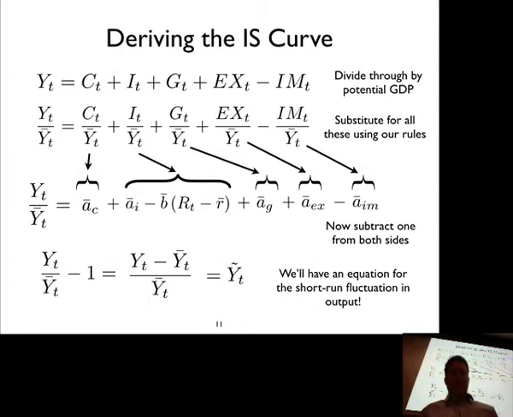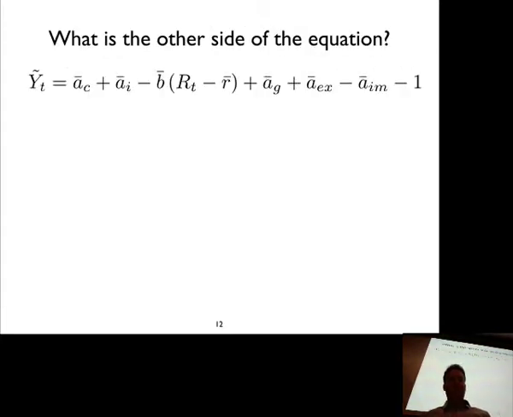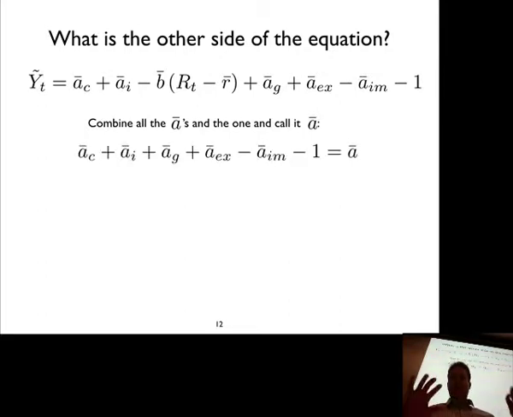Okay. So what's the other side of the equation? Moving ahead, it's this horrible mess here, where I've shown you all of this in the previous slide, except for the last little guy that was minus 1. And here, too, I know this is confusing, but what we're going to do is just define a new parameter, a bar, which is the granddaddy sum of all these things, plus the number 1 there.